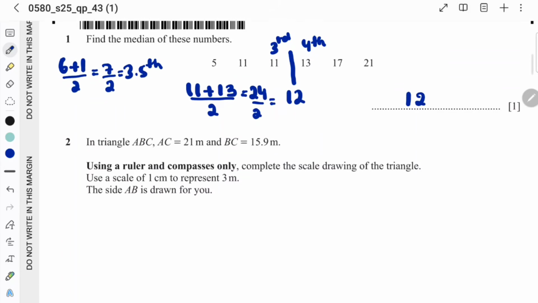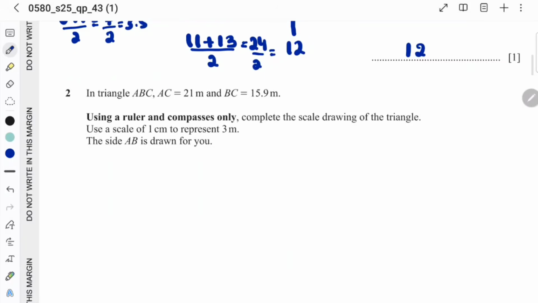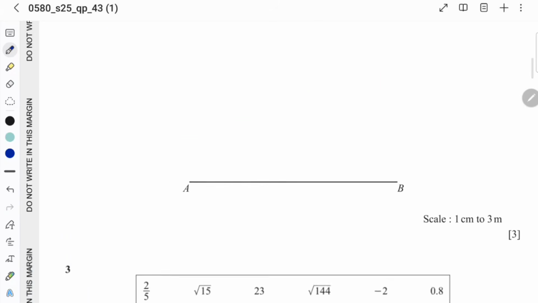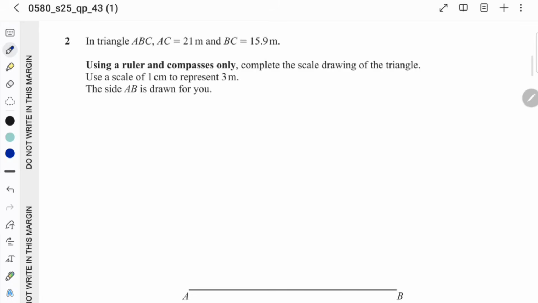Now question number 2, a constructions question. In the triangle ABC, AC is 21 meters, BC is 15.9 meters. Using ruler and compass only, complete the scale drawing of the triangle. Use a scale of 1 centimeter to represent 3 meters. The side AB is drawn for you, and the question is of 3 marks. First we find how many centimeters for 21 meters and 15.9 meters.